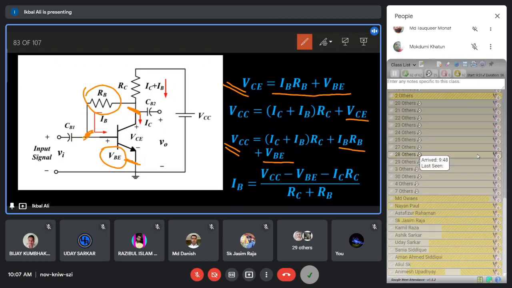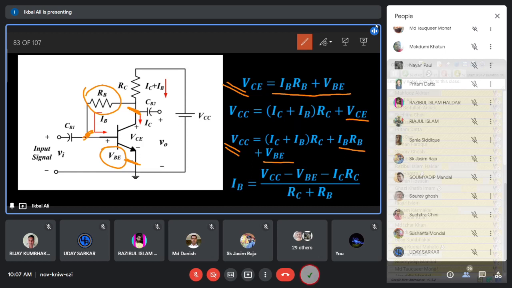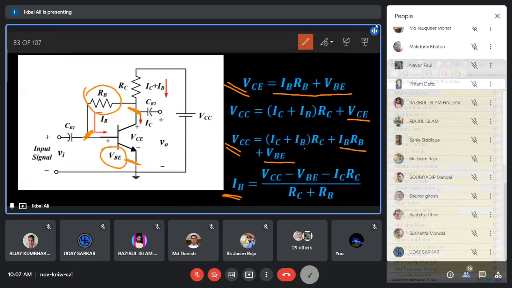Now from this equation, we can solve for IB, the base current. One IB is here, another IB is here. With simple algebraic steps, you take a common IB from these two terms, then you get IB into RB plus RC.